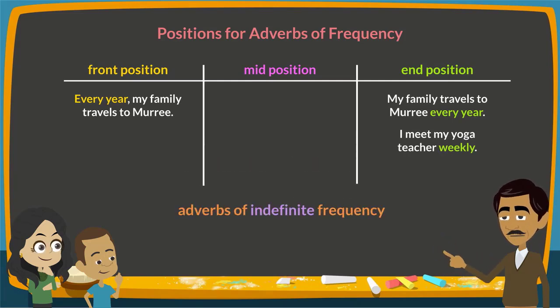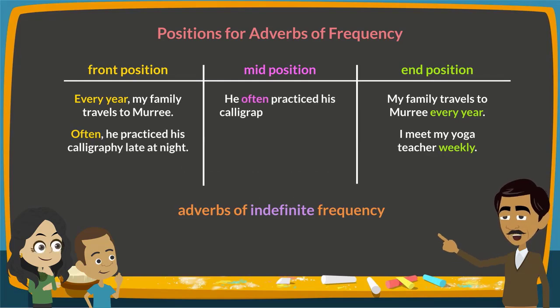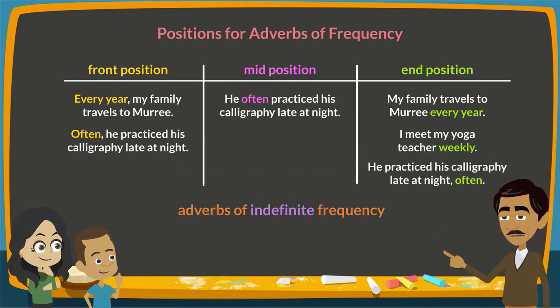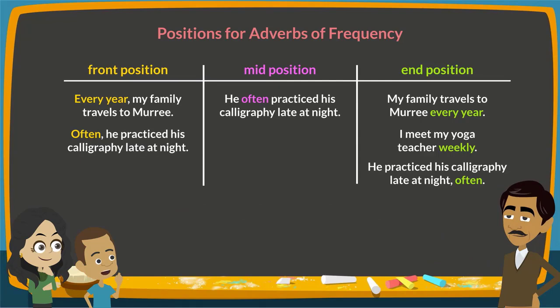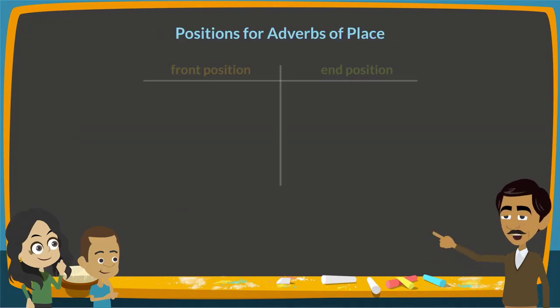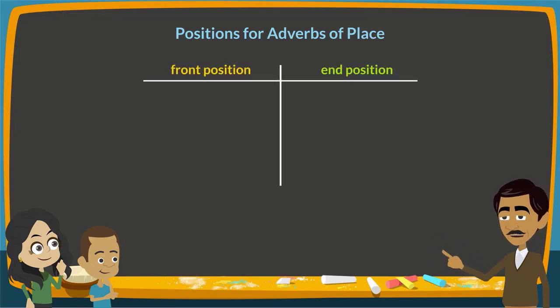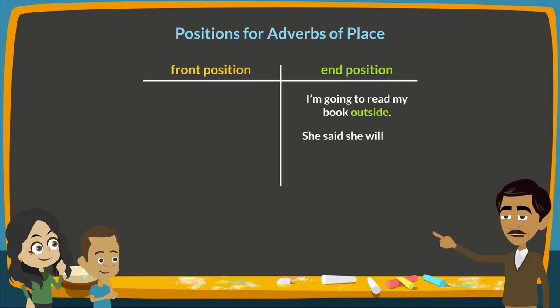Adverbs of indefinite frequency can be used in all three positions. So, almost all the adverbs go into all three positions. Except adverbs of place, which you use almost exclusively in the end position. On really rare occasions, you can use them in the front position.